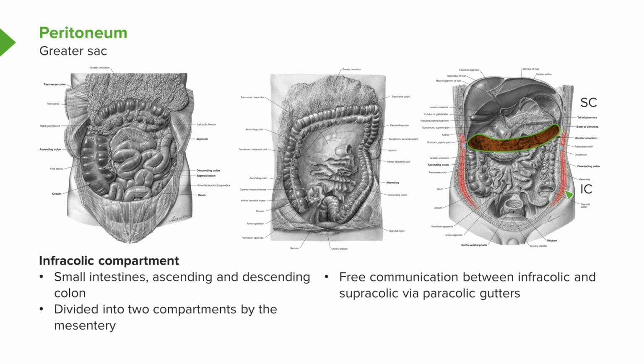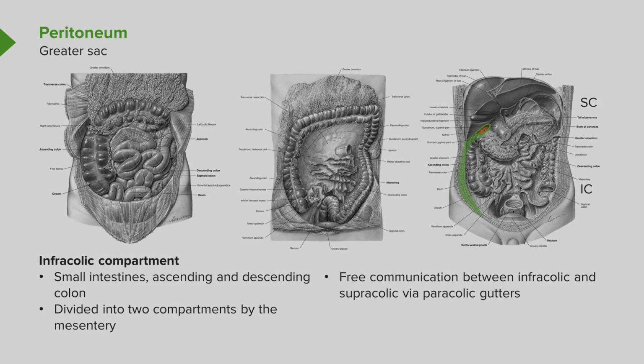We have an important hepatorenal recess, which is the deepest part when the body is lying supine, and that's just underneath the liver and above the superior pole of the right kidney. And fluid can accumulate there when you're supine and then pass down in towards the pelvis via the paracolic gutter. So these paracolic gutters within the greater sac are important in fluid communication.